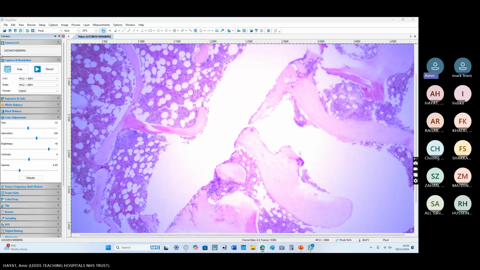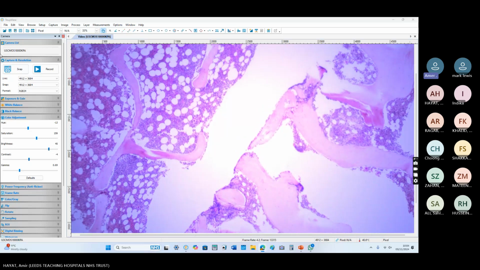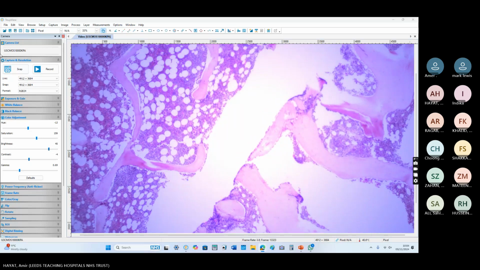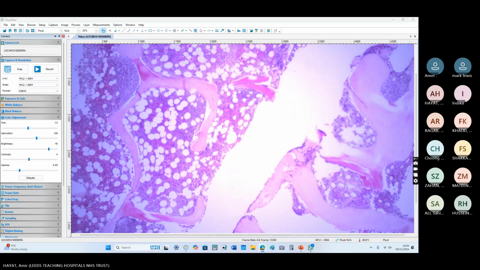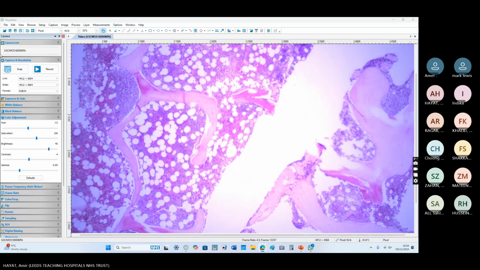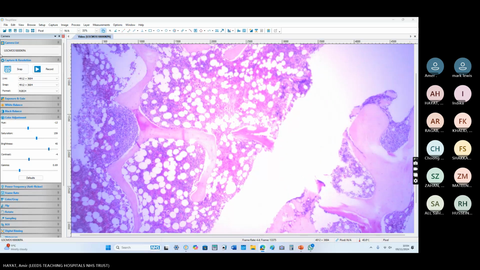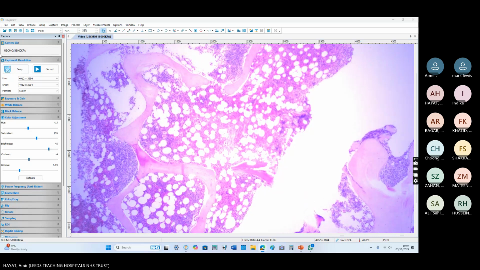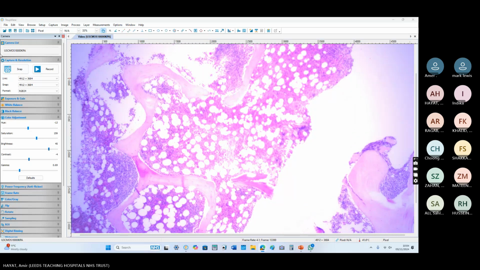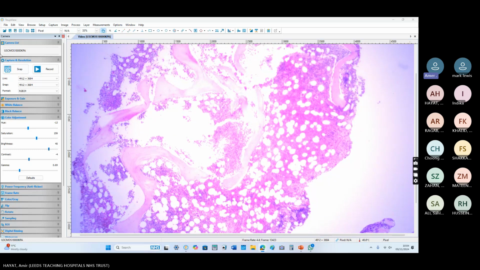Can you see any features in this trephine that can help you in diagnosis? Any clinical hematologists who have seen the trephine?